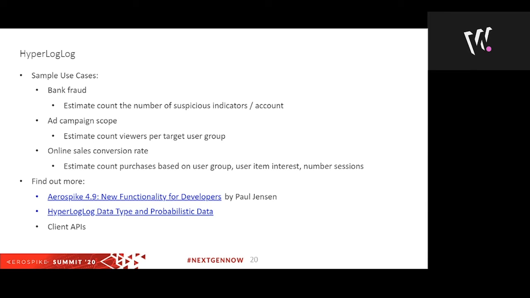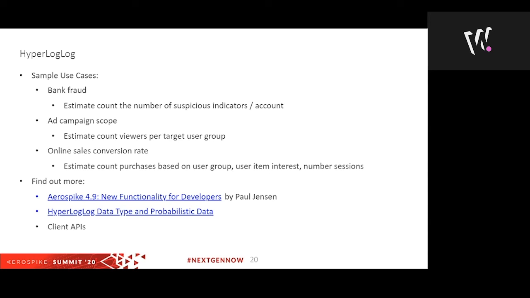And another example might be if you have some kind of online sales and you want to test what your conversion rate is into purchases. So you might want to estimate the count of those purchases based on the user group data you have, user item interest, or based on the number of sessions that your customers are bringing up.